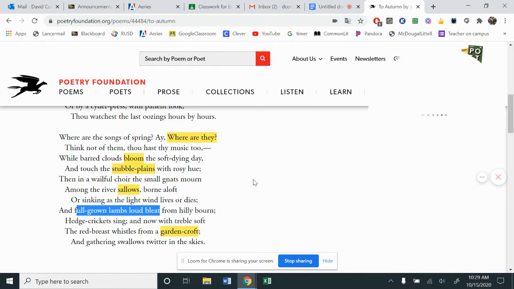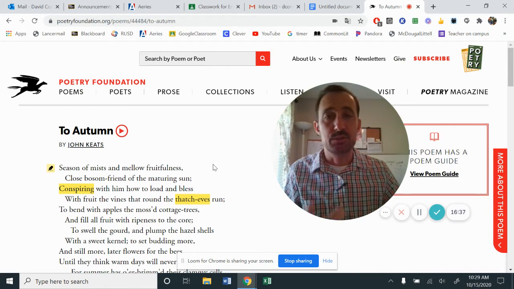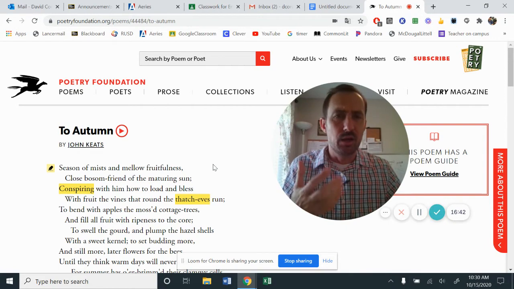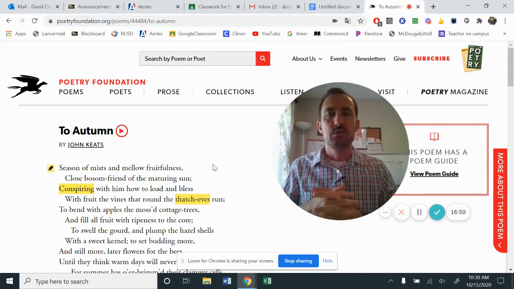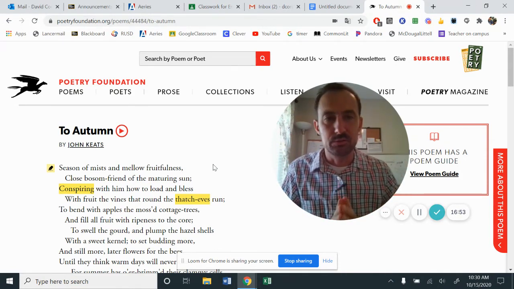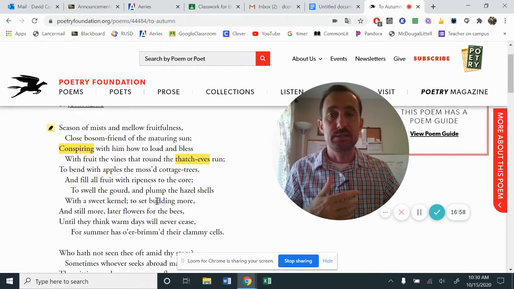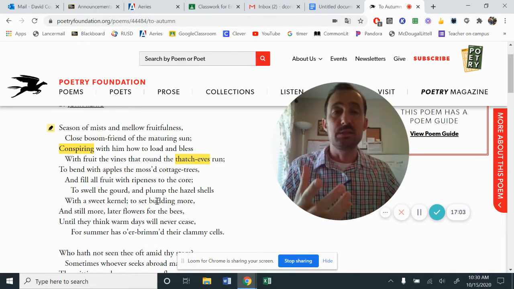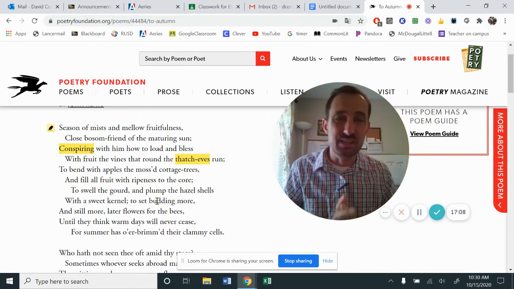So if I'm looking at To Autumn, I'm understanding that this poem is kind of like an ode, not a eulogy, that's where someone dies, but an ode is where you're pronouncing the greatness of something, okay? So like an ode to life, you know, it's a catchy little phrase. An ode to autumn is the idea that this is saying, autumn, this is what I admire about you. The seasons change. We're in between summer and fall, and things are changing and moving. And here's how I see that happening.